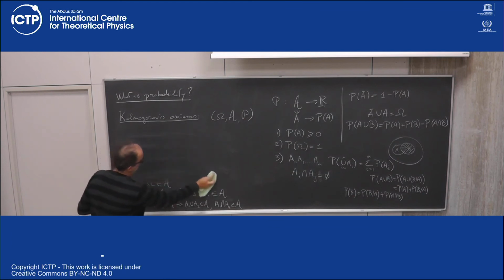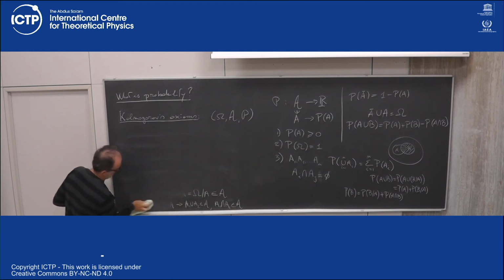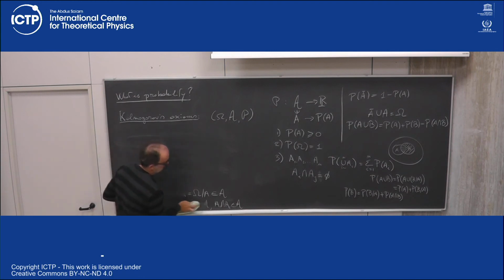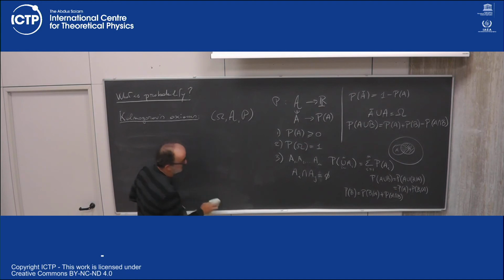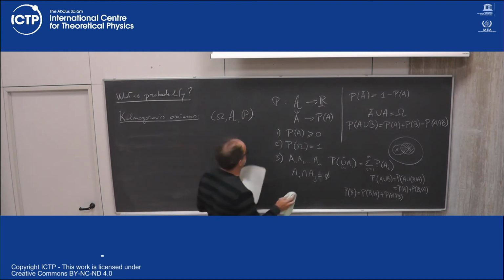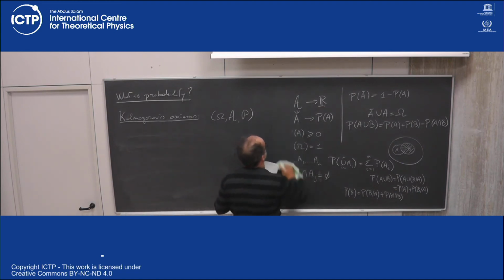It is important because we have an intuition about probability, and this intuition sometimes is right, but sometimes is wrong.